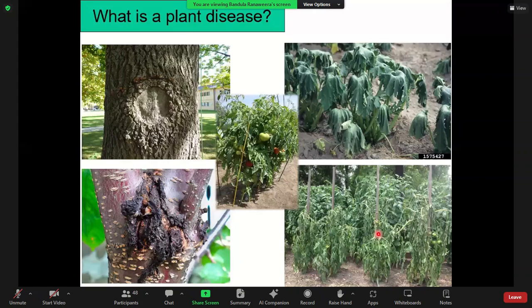That is true. So it is a deviation from normal condition. What do you mean by normal condition? It is a deviation from normal functioning.